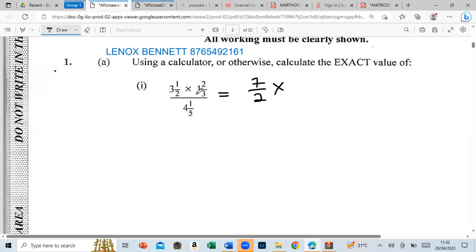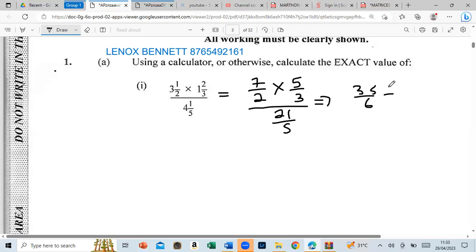Convert 4 and 1/5 to 21/5. We'll deal with the top first. Nothing can cancel, so 7 times 5 is 35, and 2 times 3 is 6.